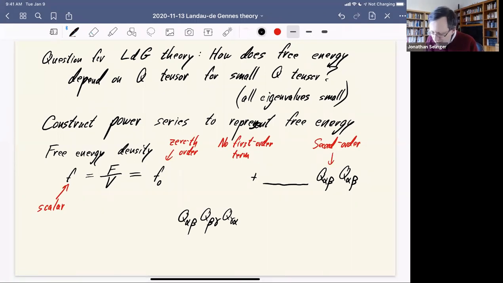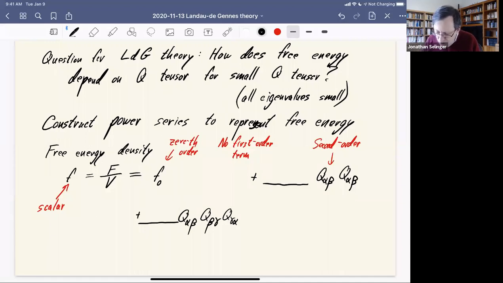Because we're dealing with a tensor like this, we could write a term like this one, which is making a scalar out of three powers of the Q tensor. And so this is allowed in the free energy expansion. It could occur with some coefficient to be determined.